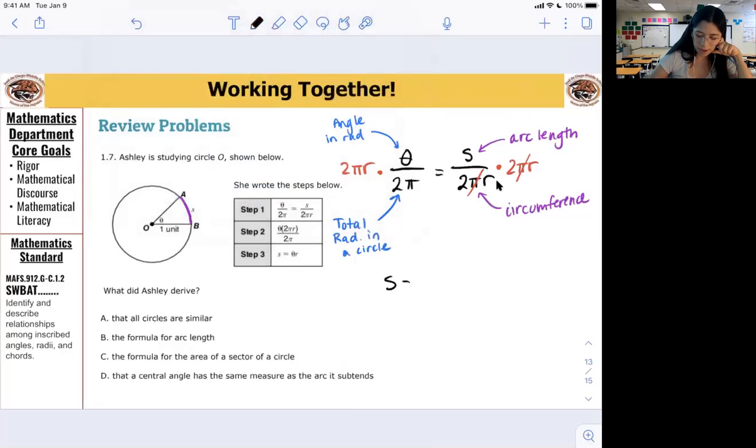So right here, I have theta over 2 pi times 2 pi r. What happens here? Does anything cancel? The 2 pi, good.